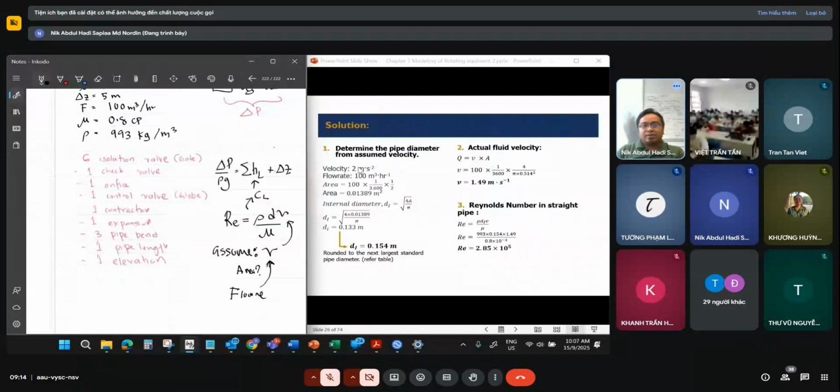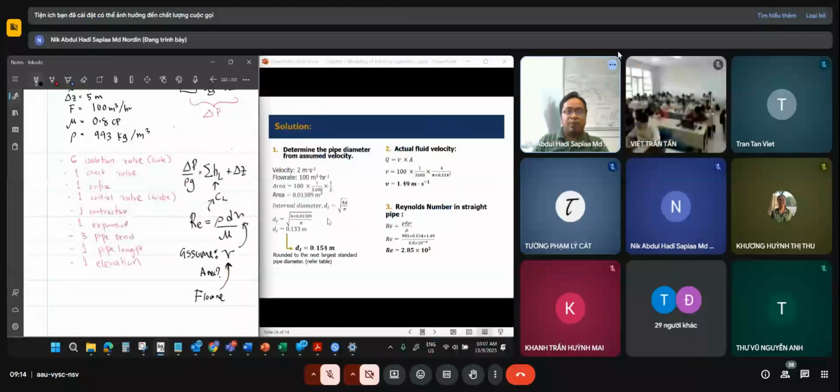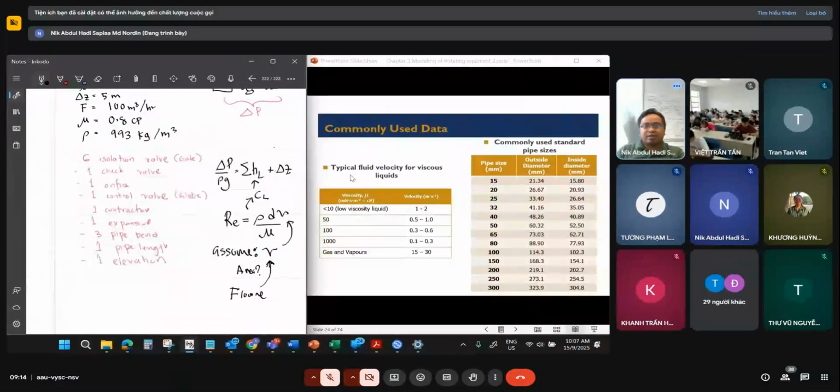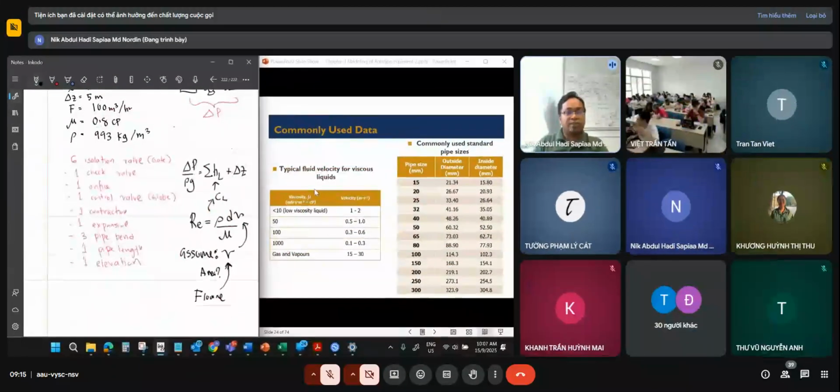First, we are given 100 meter cube per hour here. And our viscosity is 0.8. So let's use this table in order to estimate our fluid velocity.